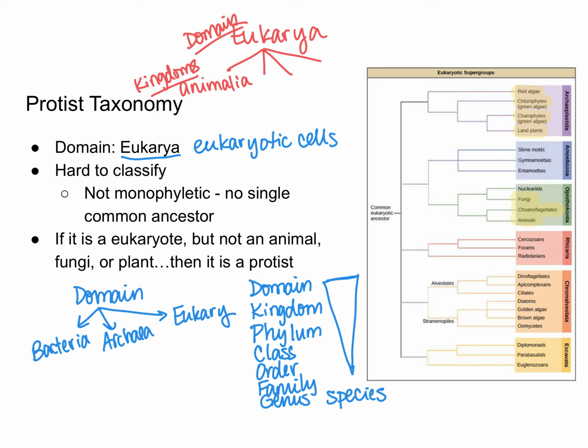So we've got Animalia, Plantae, Fungi, and then Protista. Protists form this group where if you discover something that is a eukaryote, but it's not an animal, it's not a fungus, and it's not a plant, then it's going to be classified as a protist.